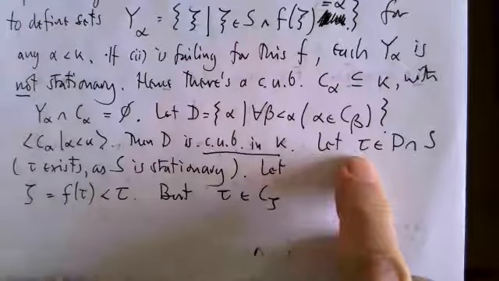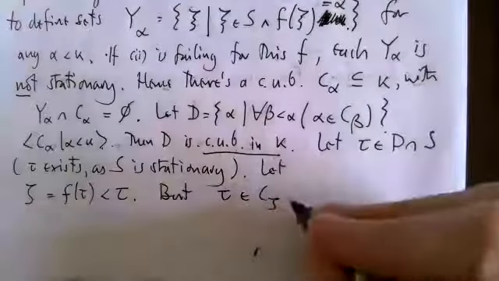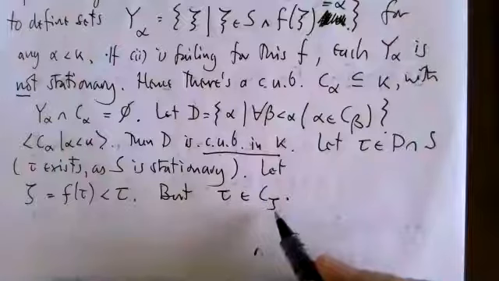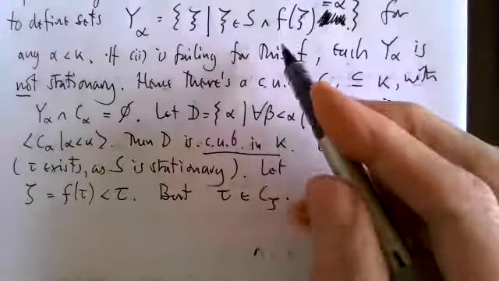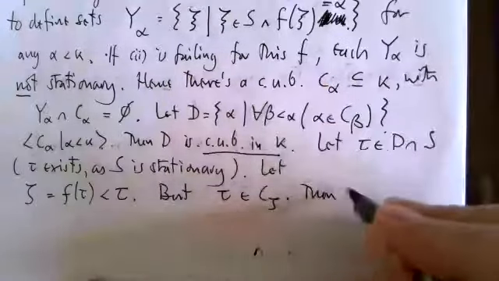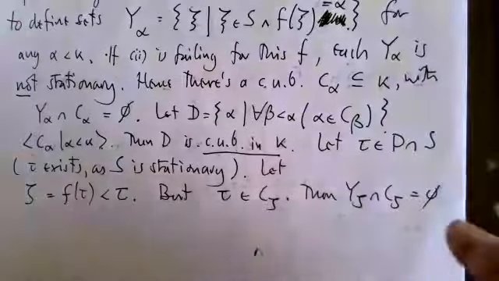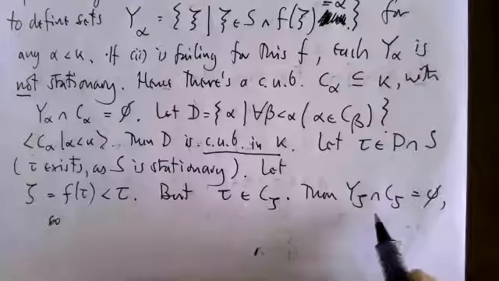So zeta is less than tau, so tau is in C zeta. But then what is C zeta? It avoids this Y zeta. And what does this mean?